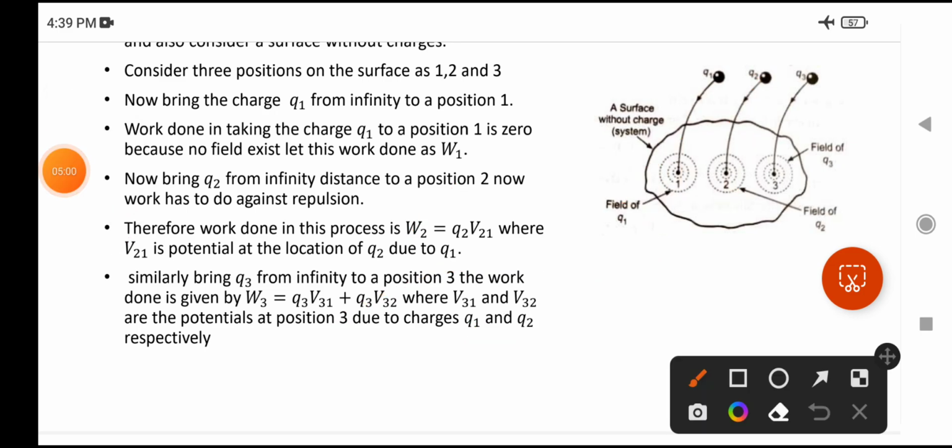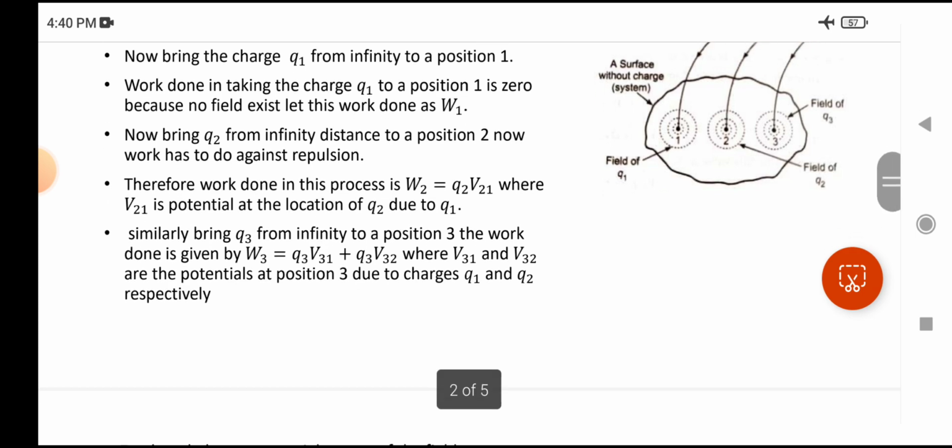And why is it written as V21? V21 is explained here, where V21 is the potential at the location of q2 due to q1, at the location of charge 2, so 2 is written first, due to q1, so 1 is written later. I think you have understood.